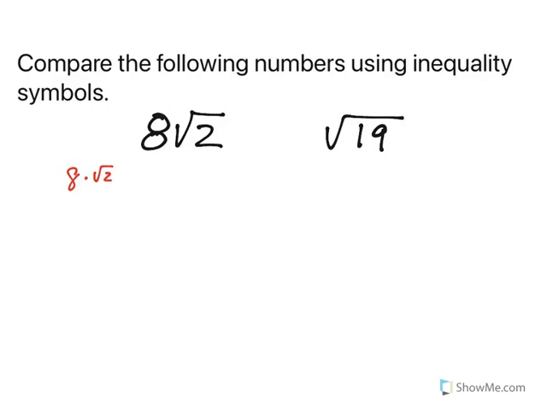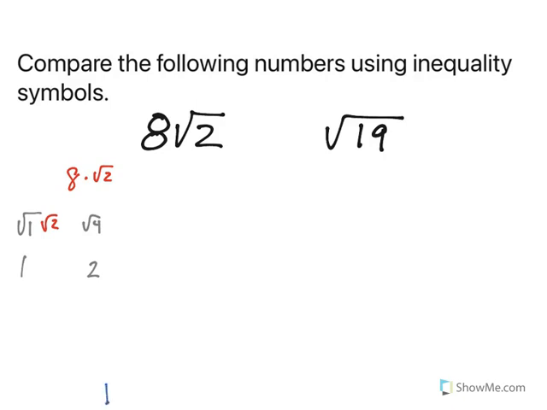And what do we know about the square root of 2? Well, the square root of 1 is 1, and the square root of 4 is 2. That means the square root of 2 is somewhere between 1 and 2. We could estimate, it doesn't really matter, but let's just say it's going to be somewhere between 1 and 2.